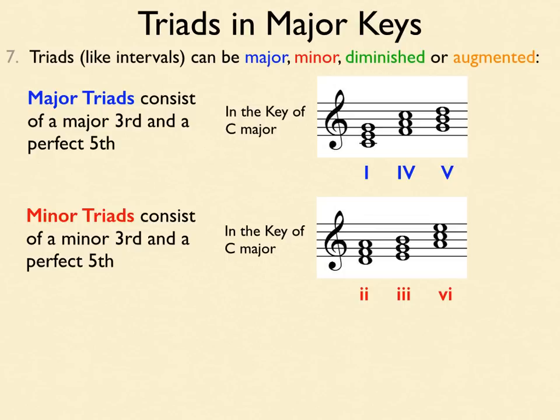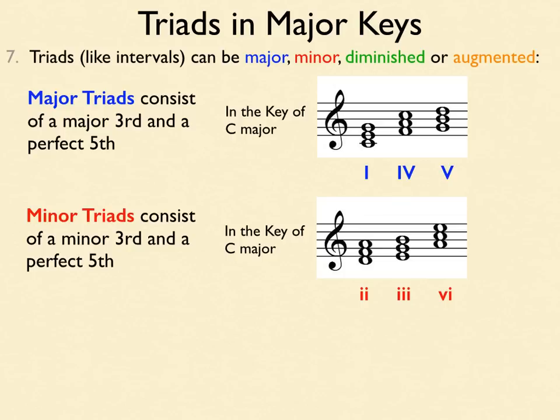For the supertonic triad, the distance between the D and the F is a minor third, and the distance between the D and the A is a perfect fifth. For the mediant triad, the distance between the E and the G is a minor third, and between the E and the B is a perfect fifth. And for the submediant triad, the distance between the A and the C is a minor third, and between the A and the E is a perfect fifth.